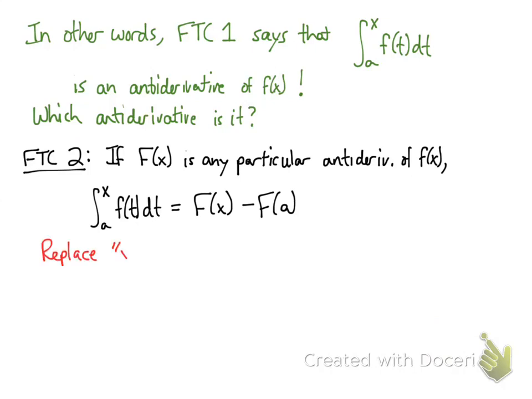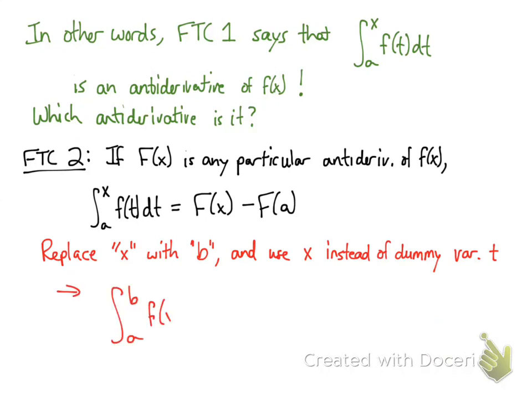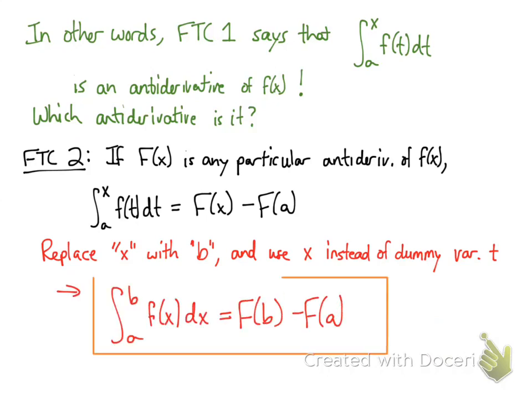Again, not tremendously useful until you do this. Replace x with b, and then in that integral on the left, remember we talked about dummy variables, it doesn't matter what variable you use, so replace the dummy variable t with the dummy variable x. And it looks like this. The integral from a to b of f of x dx is capital F of b minus capital F of a.